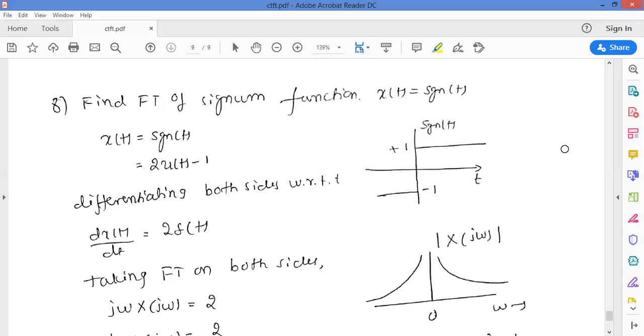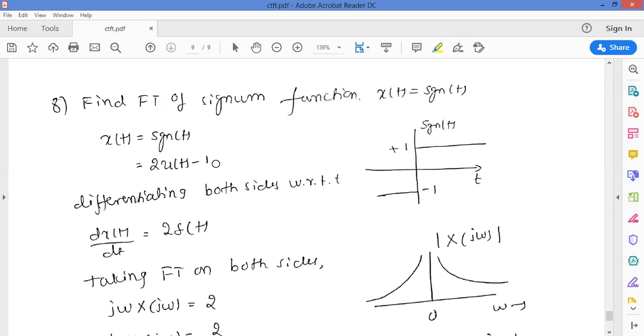Therefore, the right side is satisfied. Now, u of t does not exist below 0. Therefore, this 2 into u of t will generate 0 only. So 0 minus 1 will become minus 1. Therefore, you have sgn of t written in terms of u of t.